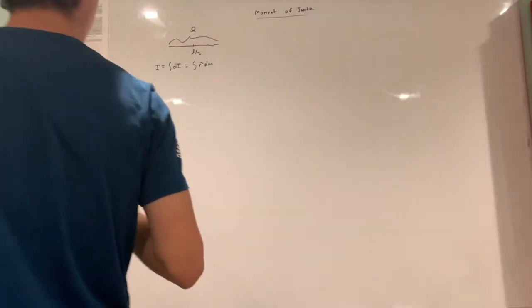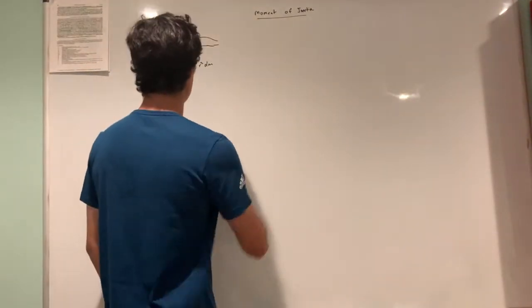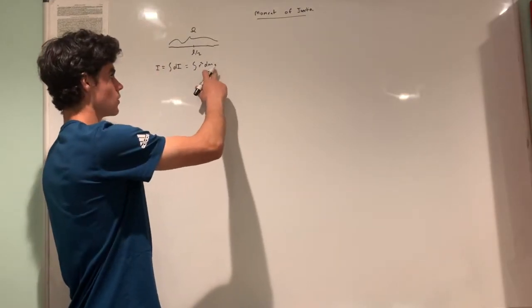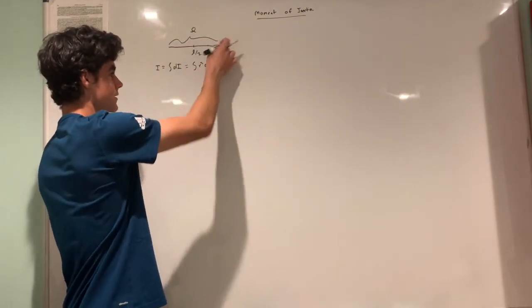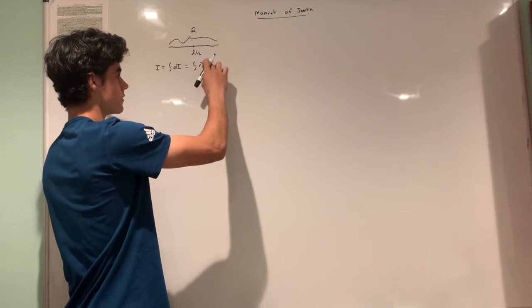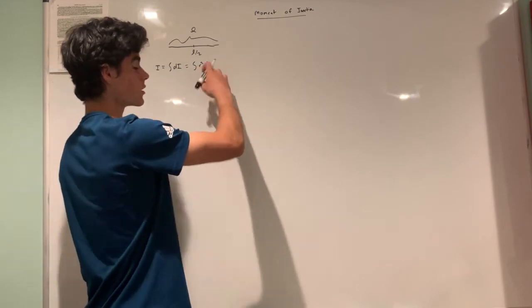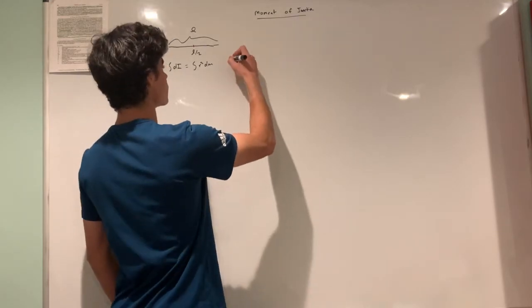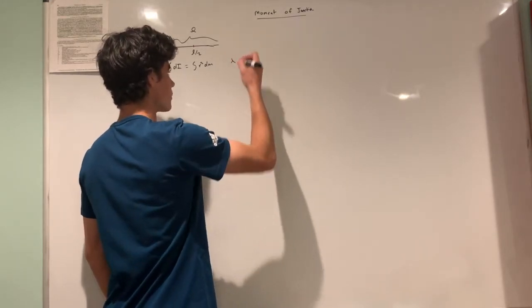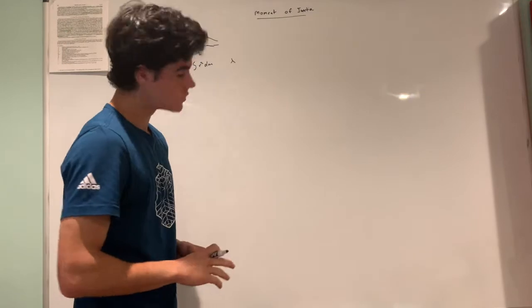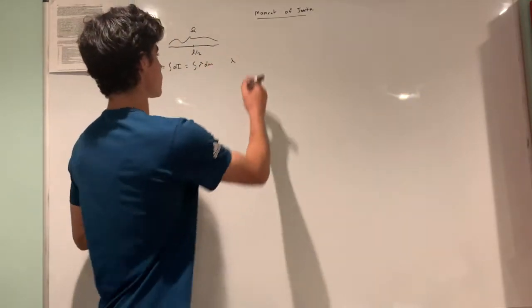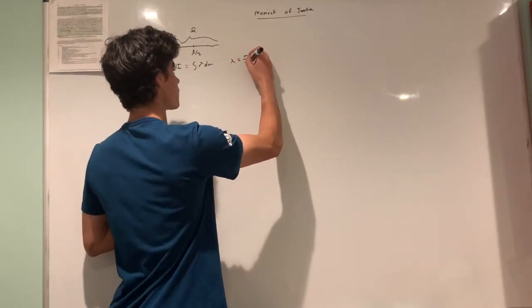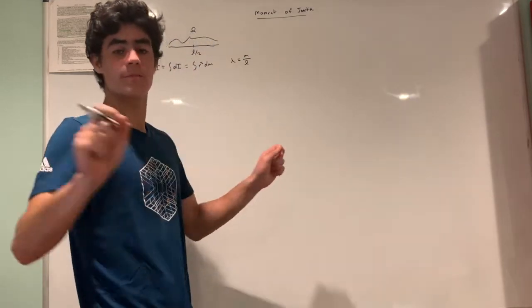From here, we're going to need to integrate this over all these different radii. But to do that, we need this quantity right here to be dr, not dm, so we can integrate over r. Therefore, we're going to use a few properties. We're going to look at the linear density, the mass over the length, right? We're looking at one dimension.